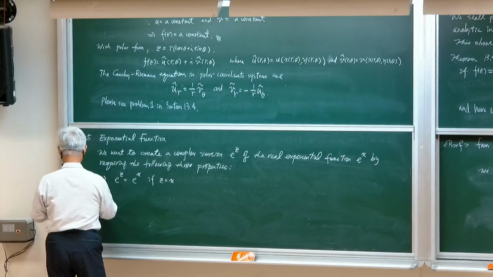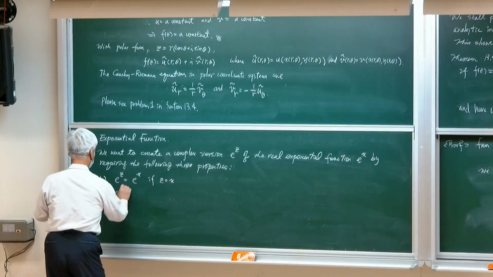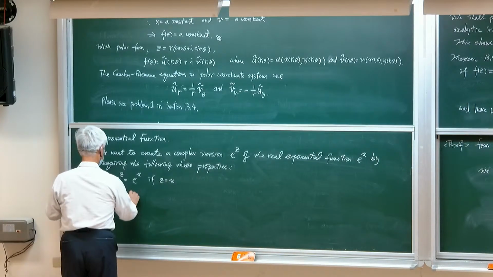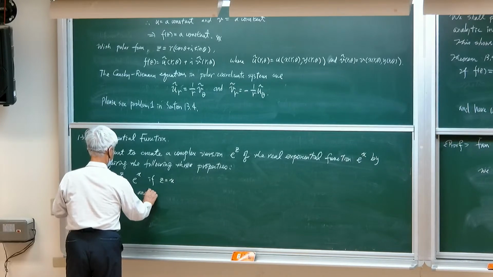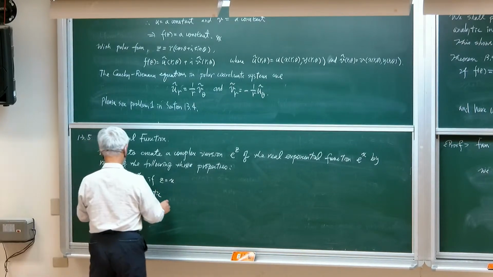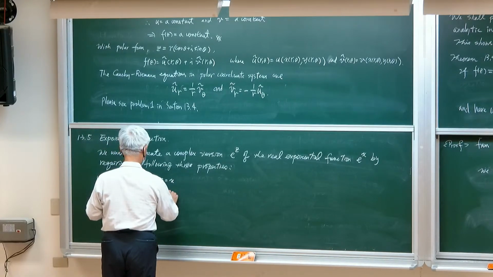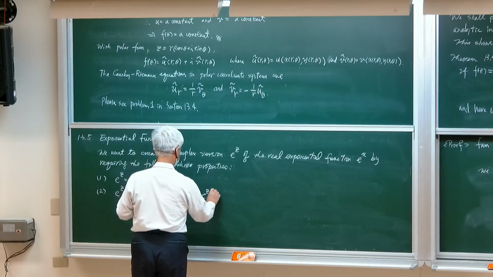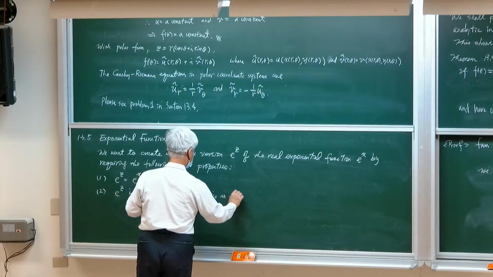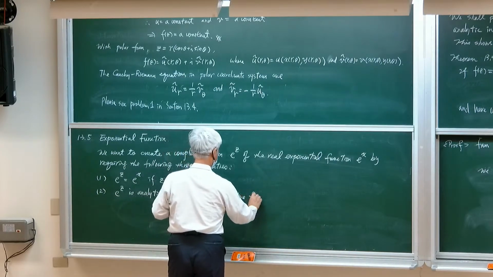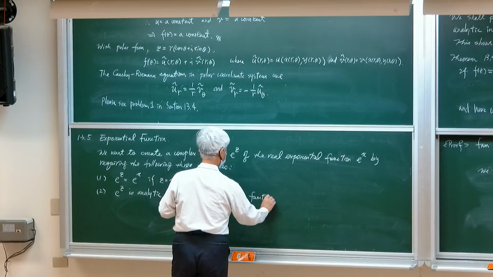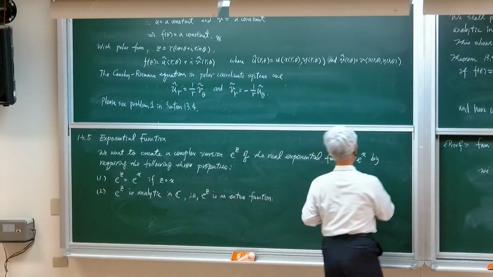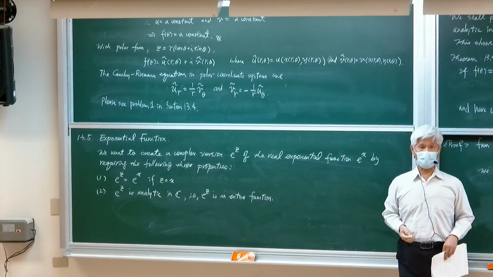The second, we want E(z) to be analytic in C, which means that E(z) is an entire function. Why? Because, as we know, the real exponential function is well behaved.